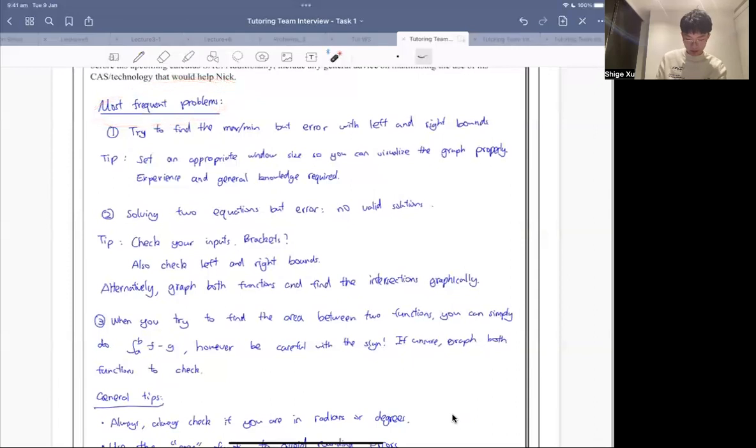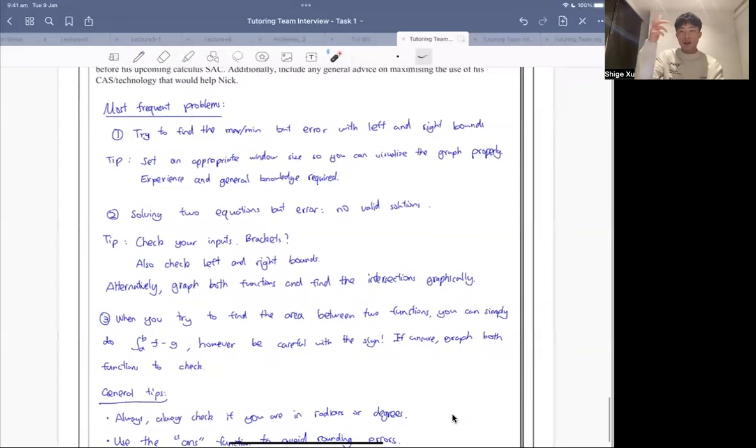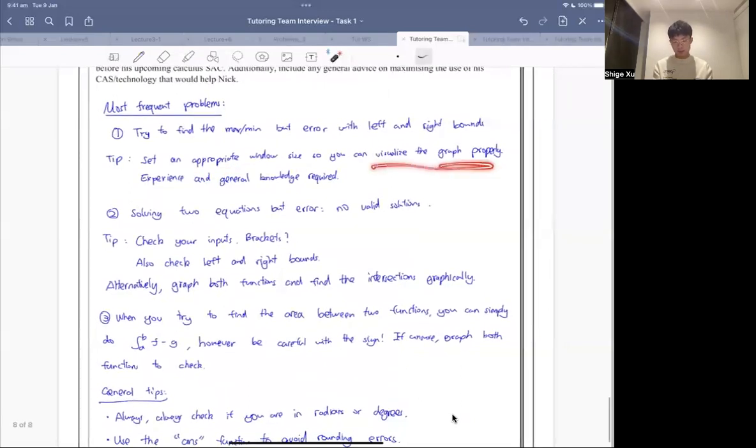Some most frequent problems is that you may try to find the maximum or minimum of a function just with the calculate function in your calculator, right? But it often comes with an error that you didn't provide the appropriate left and right boundaries, so it couldn't give you a solution. But to solve that, you just set an appropriate window size, so you can visualize the graph properly.